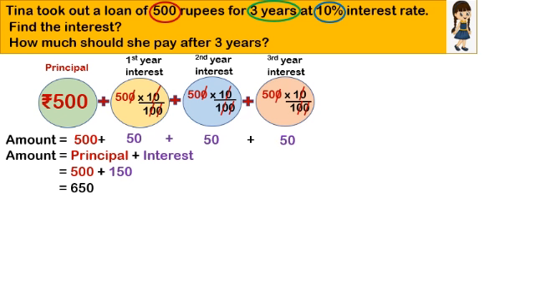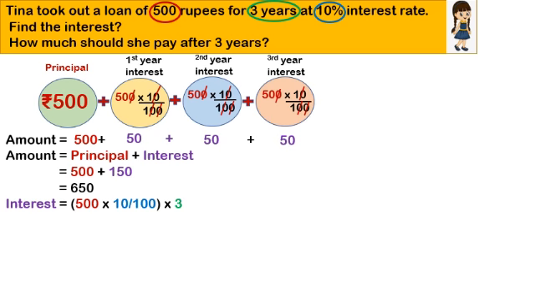See children, when we calculate the interest after the 3 years, you can see it is 3 times the interest of the first year, right? So we can write interest equals first year's interest into 3. That is 500 into 10 by 100 into 3. Before calculating this, just observe what we got.